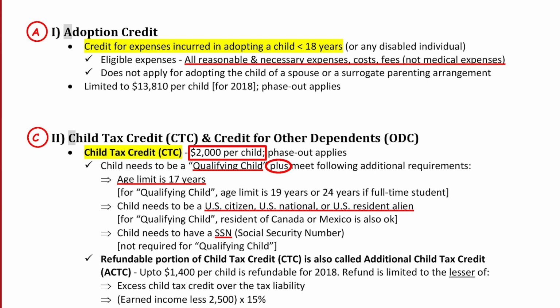Now highlight the refundable portion of child tax credit, which is also called the additional child tax credit, which is, put a box around, up to $1,400 per child. So what we mean here is, out of the $2,000 child tax credit per child, up to $1,400 is refundable.